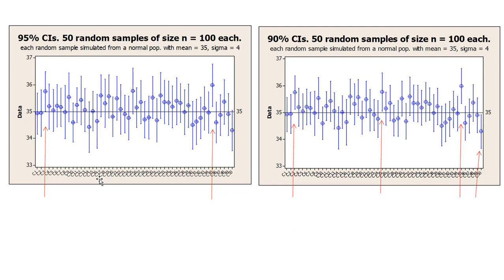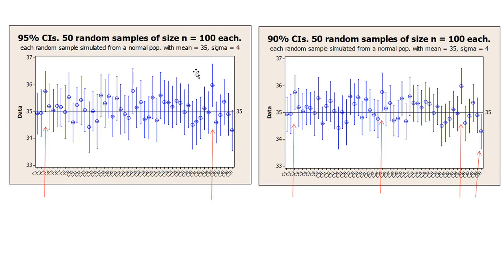What this image is illustrating is that, in many samples, it's not that many, it's 50, there are 50 confidence intervals here. Each of these confidence intervals is used to estimate the population mean, which is generally unknown, but for the purposes of academia, we're pretending that we know it, 35.